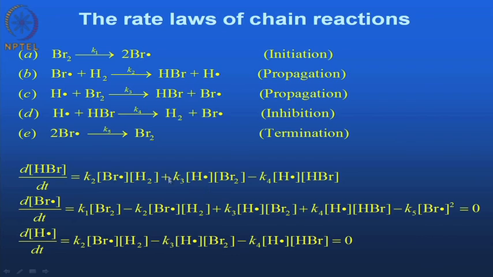So, we have got 3 key equations, of which the last 2 should be equated to 0 because of this steady state approximation, and whatever expressions we get for the concentrations of H• and Br•, we should put in the first expression, which is for the rate of production of HBr.